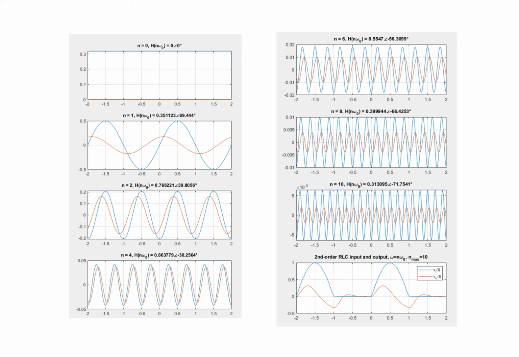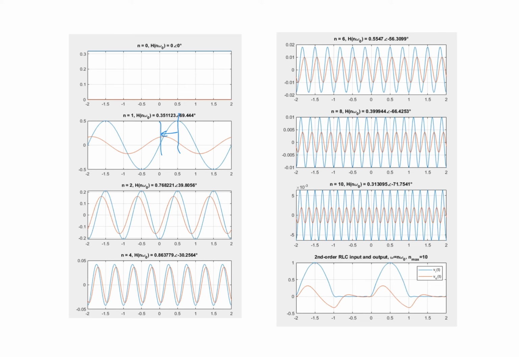The H value is 0.35, so that takes our amplitude down from 0.5 to about 0.18. And we see the phase shift is 69.4 degrees. So what that means is the output is coming 69.4 degrees earlier than the input.